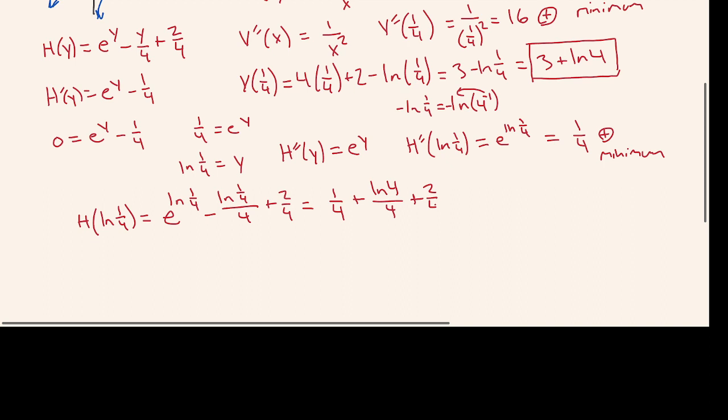Plus 2/4, and this will be equal to 3/4 plus the natural log of 4 divided by 4. And that's the solution for the minimum horizontal distance for this function. So there you go.